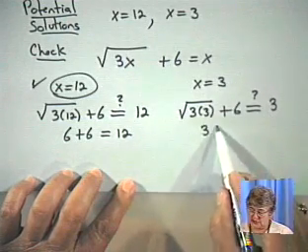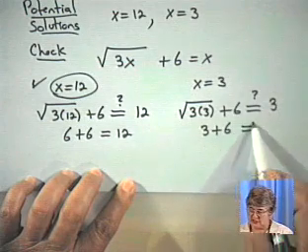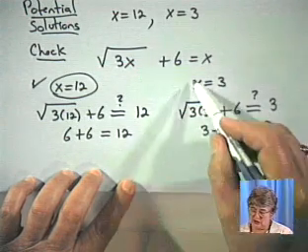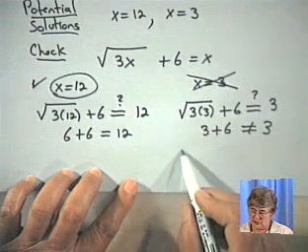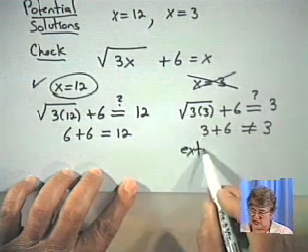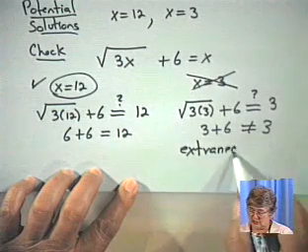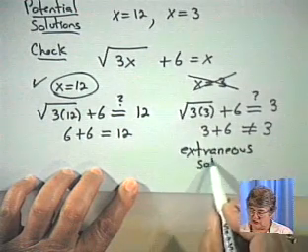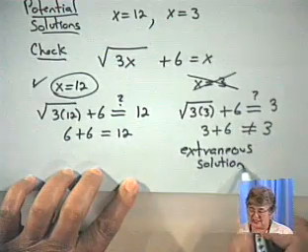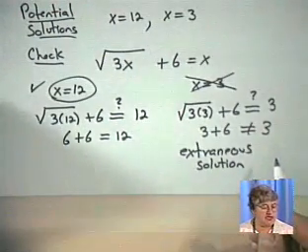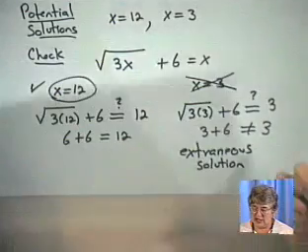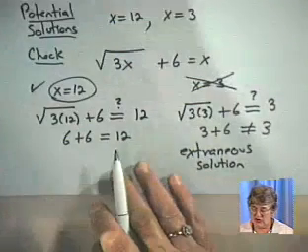That's the same thing as 3. 3 plus 6 is obviously not equal to 3, and so that means we have to throw x equals 3 out. X equals 3 is called an extraneous solution. What that means is that in the process of squaring both sides, what we did was we introduced a new solution to the system.